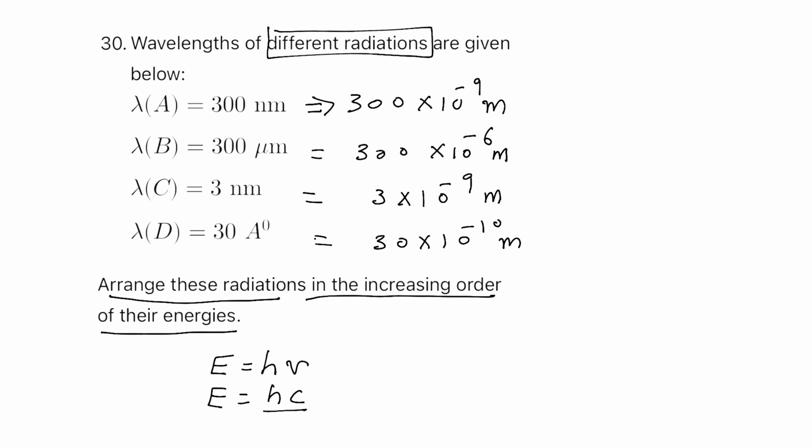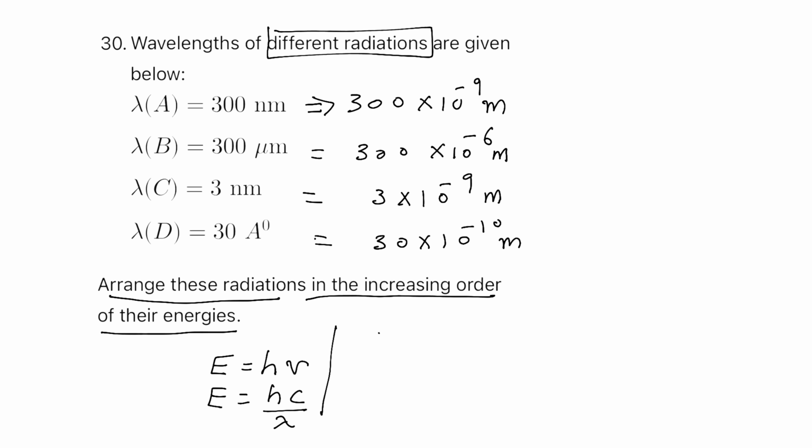It is hc by lambda. So from the equation it is clear that E is inversely proportional to lambda, which means what? If lambda is high, energy is less. Clear, right? That is inverse relation. Correct. We have to write it in the increasing order, right? So you have to write the least one as the first one.